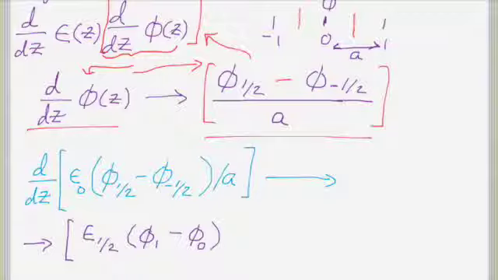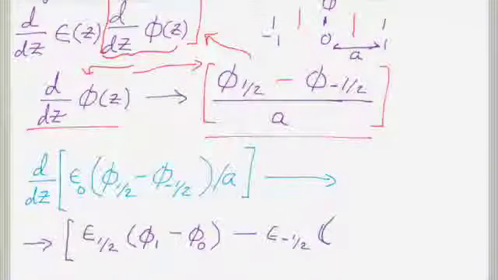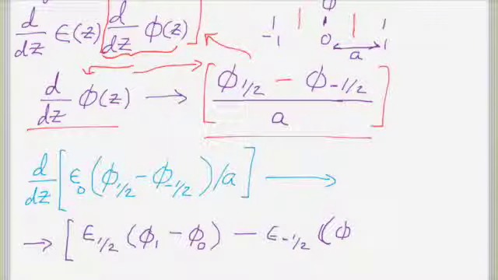And now subtracting off moving back a half step, so epsilon of -1/2 times, moving back a half step, I have phi of 0 minus phi of -1. And divide by a again, so I end up with a 1 over a squared now, right? Because I already had a 1 over a there to begin with.